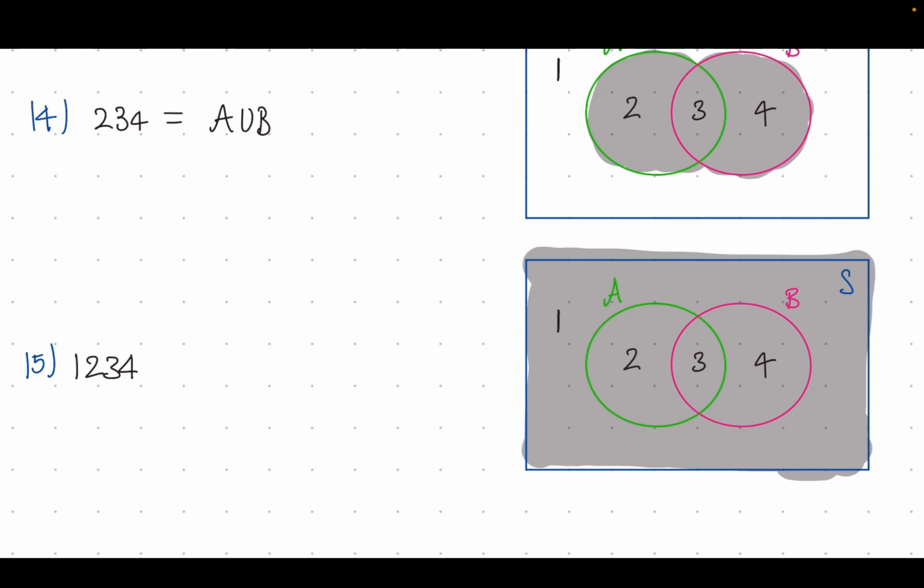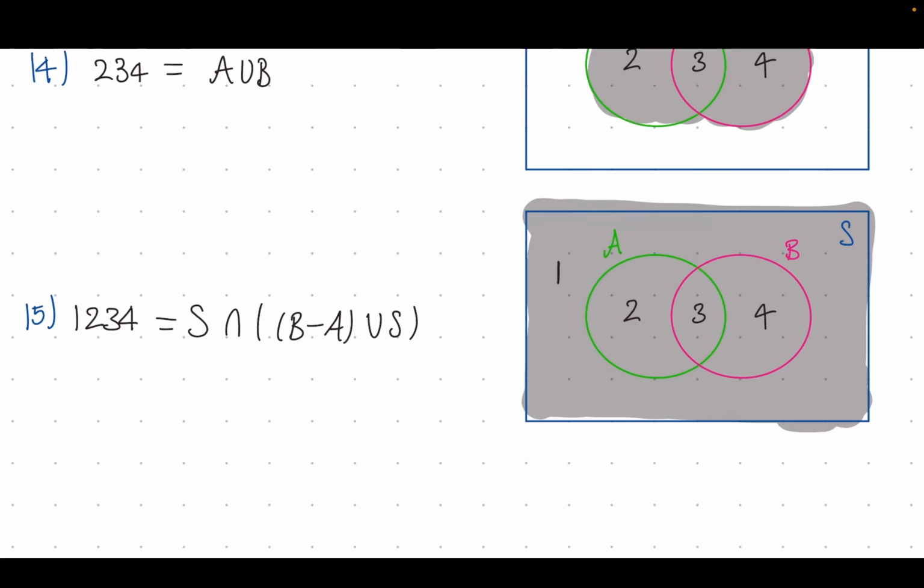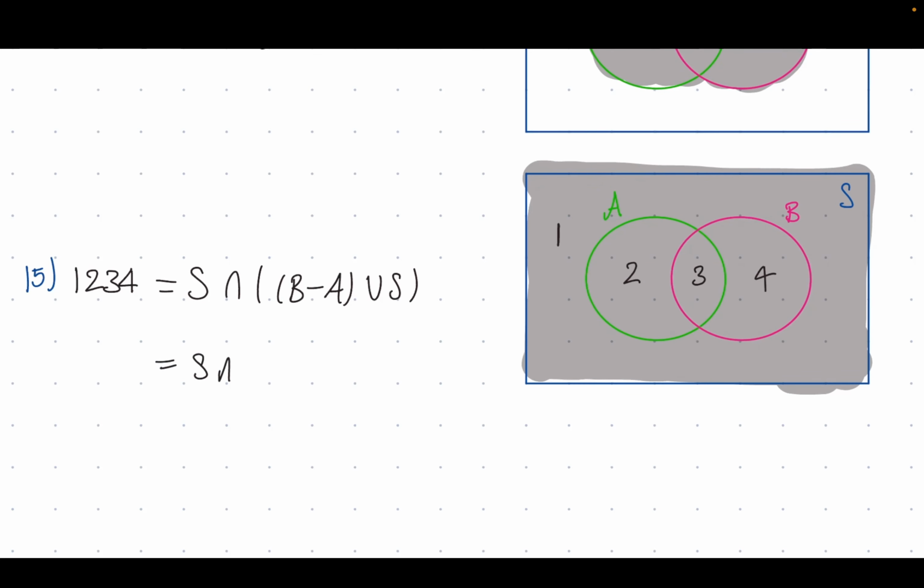And this, you might just see as S, but I'm going to get fancy and call it S intersect, I don't know, B minus A union S. Because why not? But this is also just equal to S intersect S, which is just equal to S. Okay.